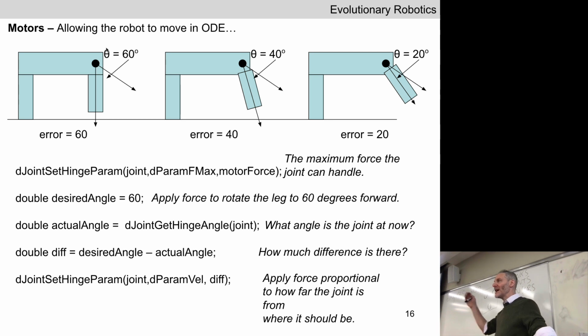The moment you create a joint that attaches pairs of objects together, the current angle of that rotational joint is 0. If I had created this robot by placing this front leg out, pointing out into the front of the body, and again connected that front leg to the main body with a joint, the angle of that joint at time step 0 of the simulation is 0. It's confusing, I know.